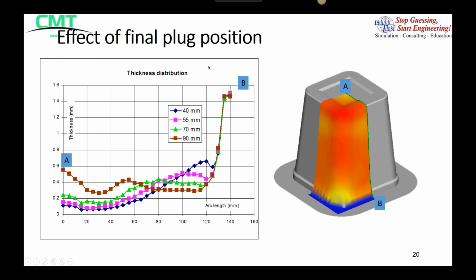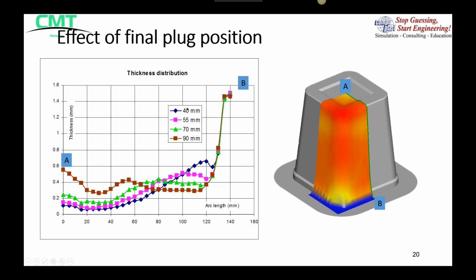Here we're studying the effect of the final plug position. In other words, how far does the plug penetrate into this cavity before the vacuum is activated. And here you see the dark blue, the triangles are 40 millimeters, so the least amount of engagement.